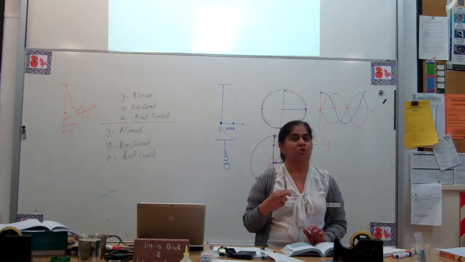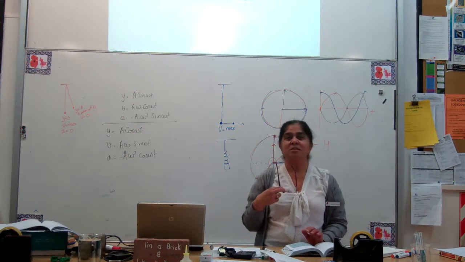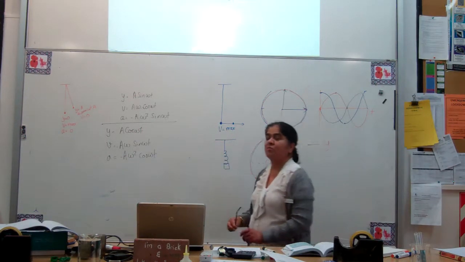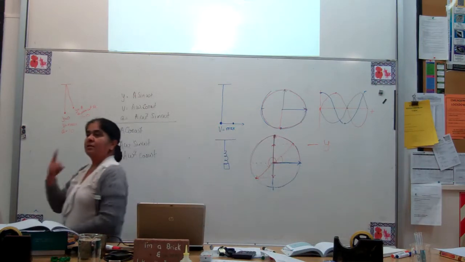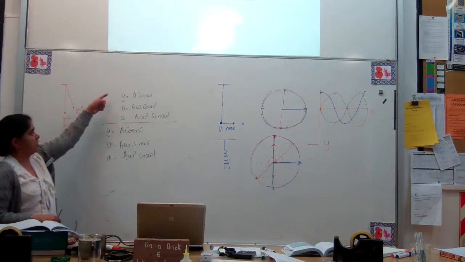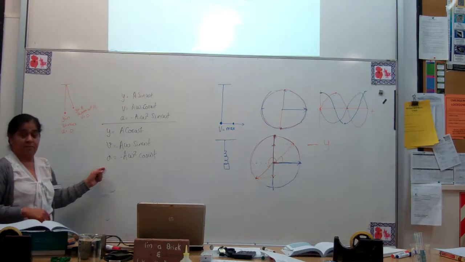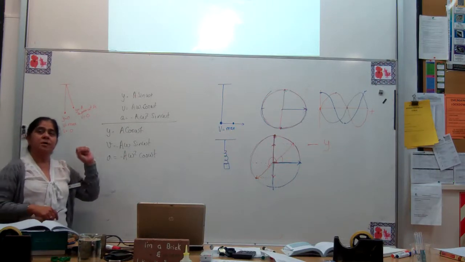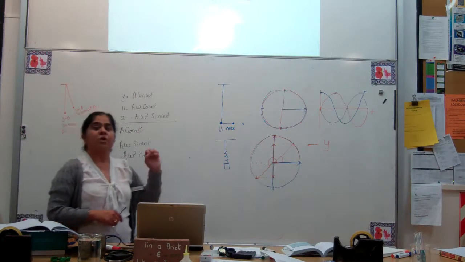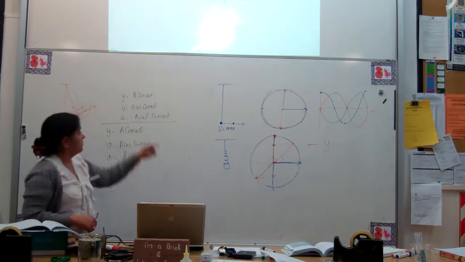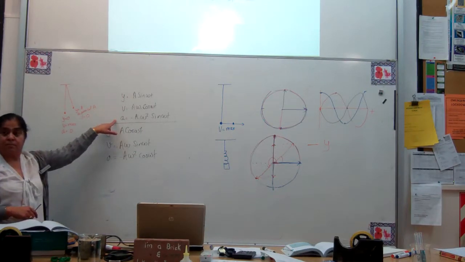What is the difference between top 3 and bottom 3? There is a situation when you use top 3, and there is a situation when we use bottom 3. If time counting starts from equilibrium position, we use these equations.